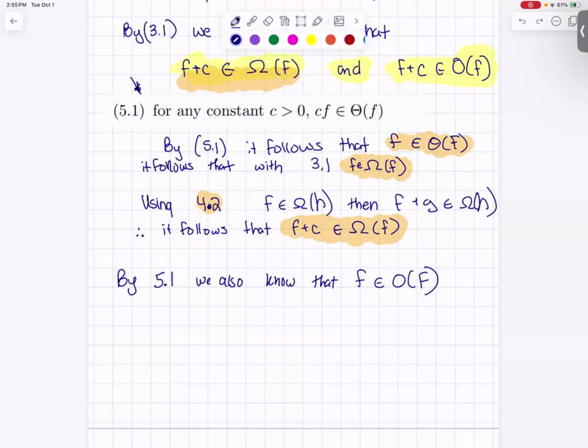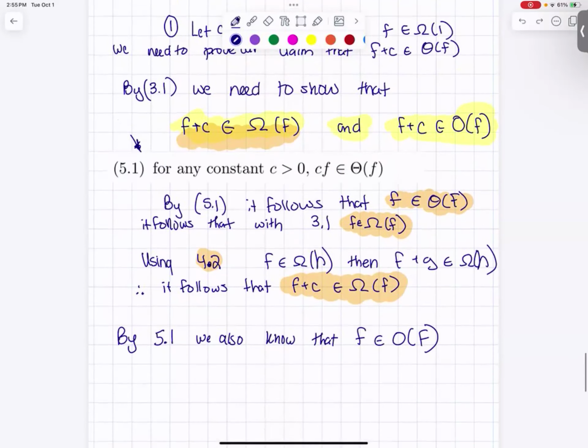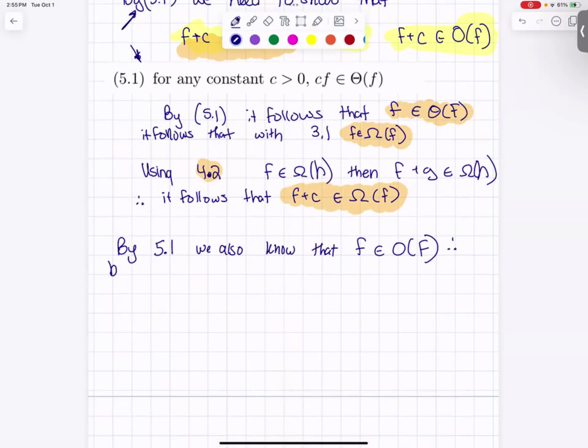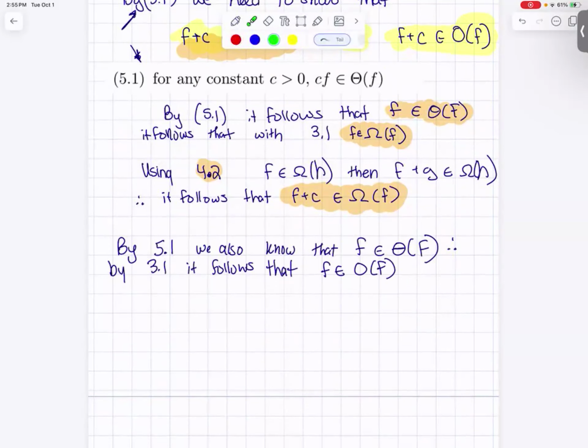So then using the same rule that we did up here, that 3.1 rule, therefore by 3.1, it follows that f is in big O of f. So we used 5.1 to see that we were in theta, and then we used our definition of theta to show that meant that f would also be in big O of f.